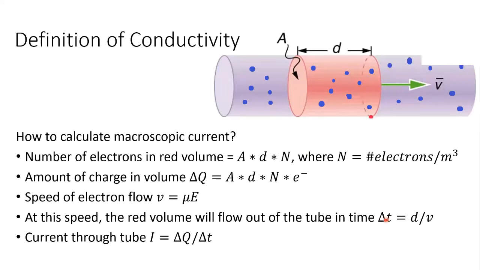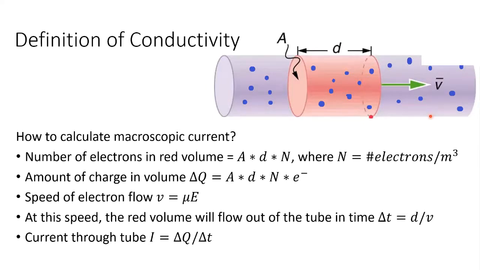That time value is the distance divided by the velocity. So you can imagine that if you have a pipe and you're passing in a cylinder of electrons, this red cylinder here, with a certain velocity, the amount of time it will take for that cylinder of charges to enter will be the length of that cylinder divided by the velocity. So that's straightforward.